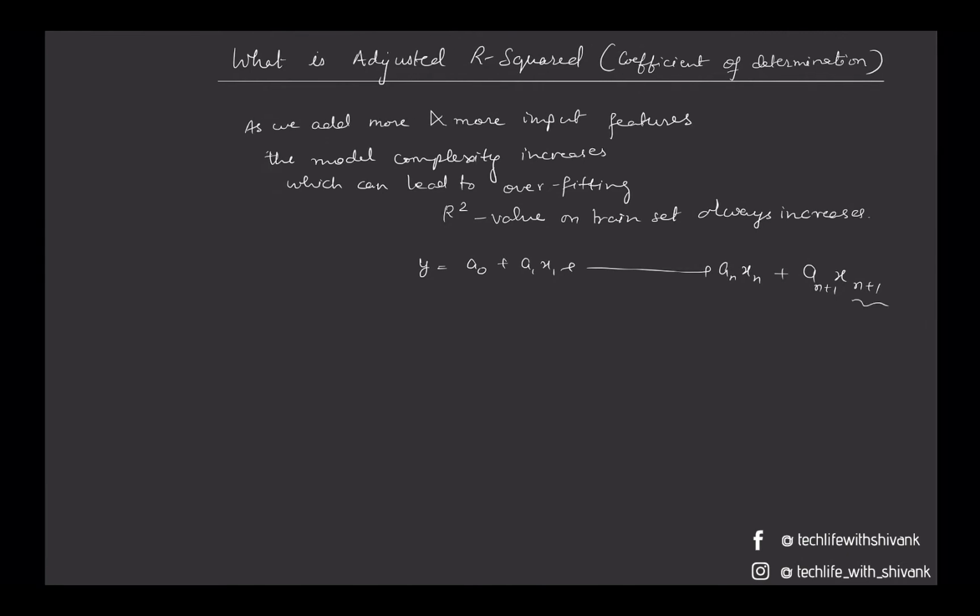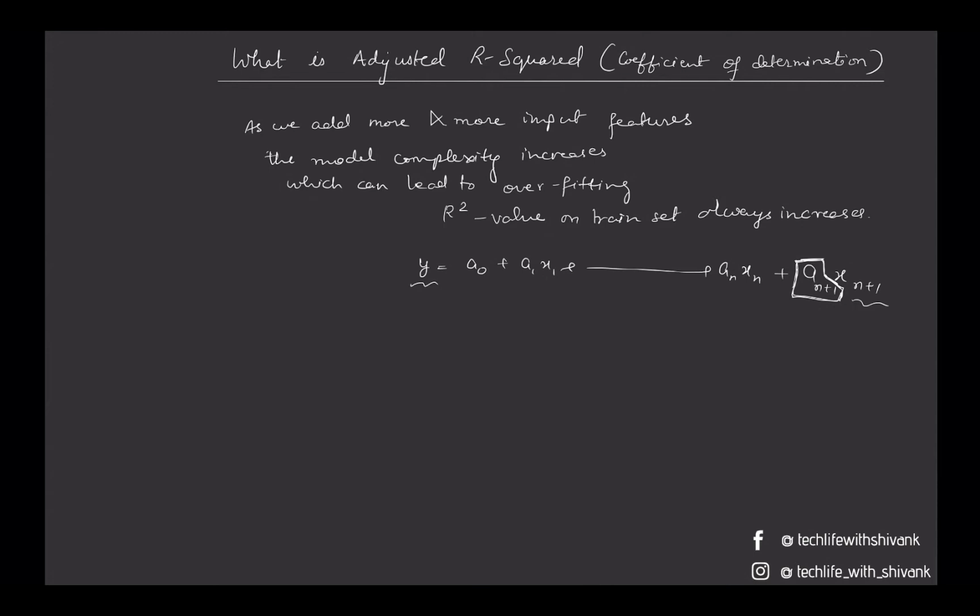If xn plus 1 is correlated with y, then an plus 1 would be non-zero, and in that case the goodness of fit, or the R squared value, will definitely increase because we will be getting a better fit, or a fit with less bias. On the other hand, if an plus 1 is 0, the R squared will remain the same, otherwise R squared would increase.